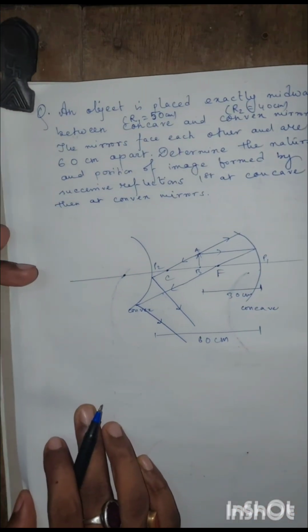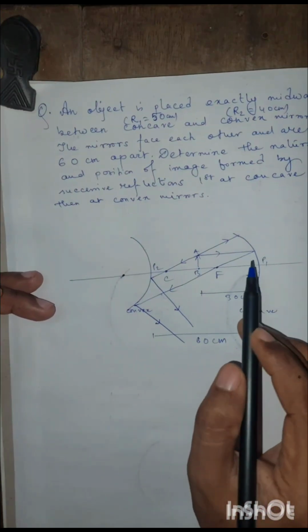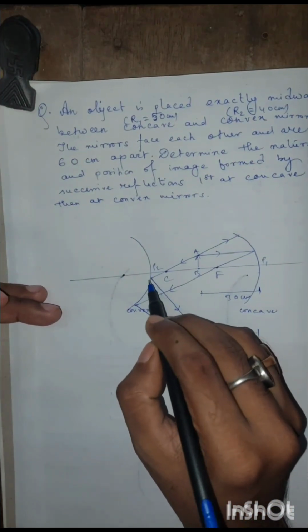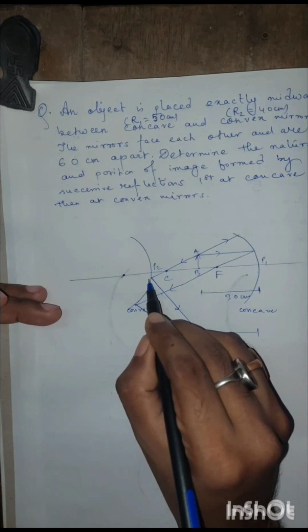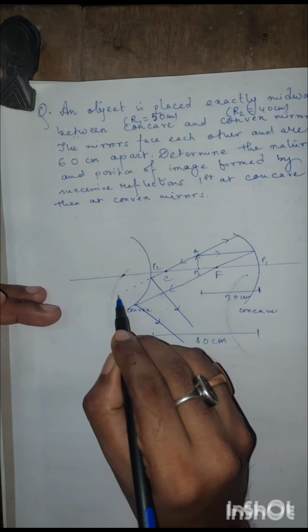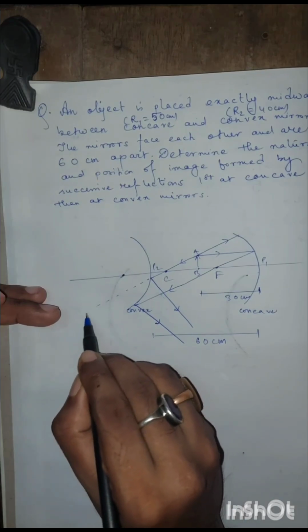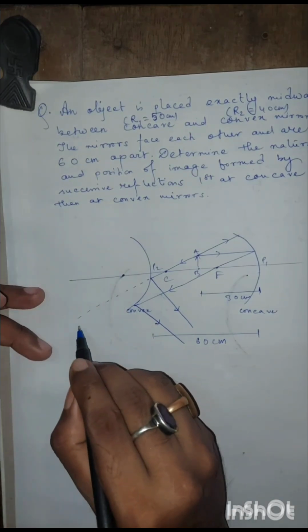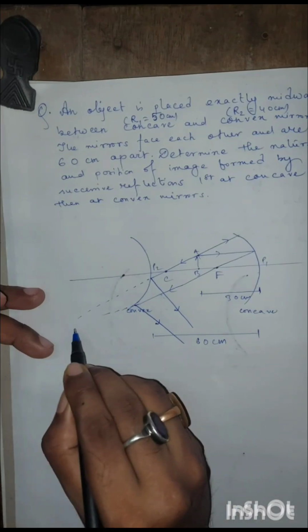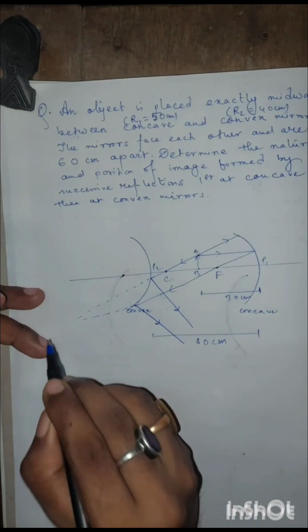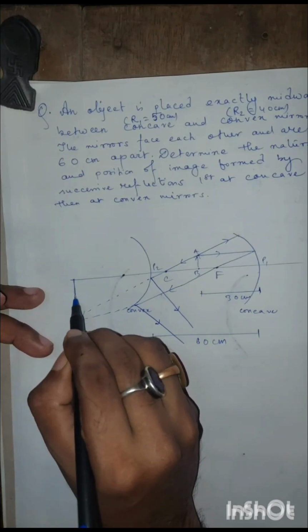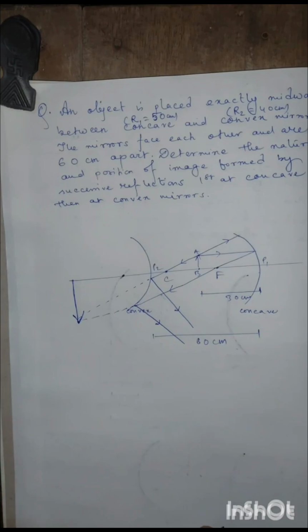Now, if we draw the image formed by the concave mirror, this is our image.